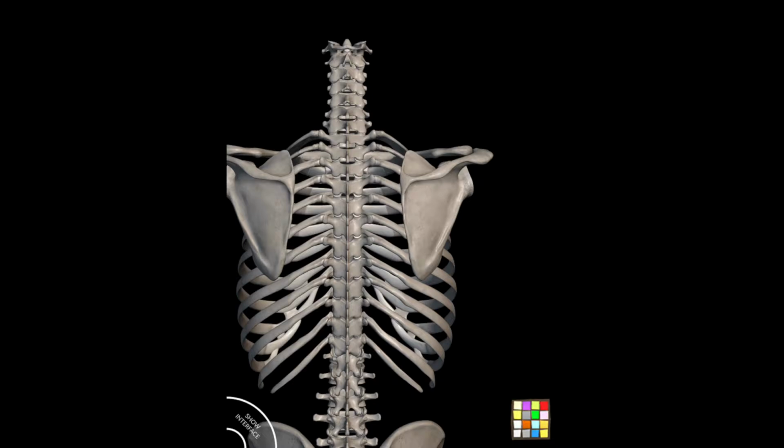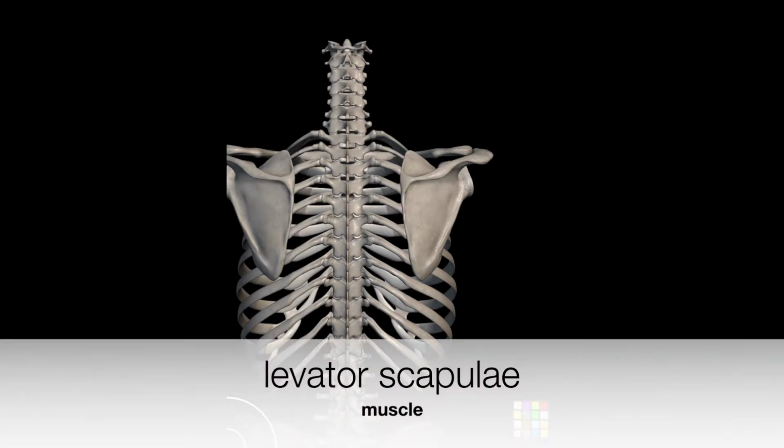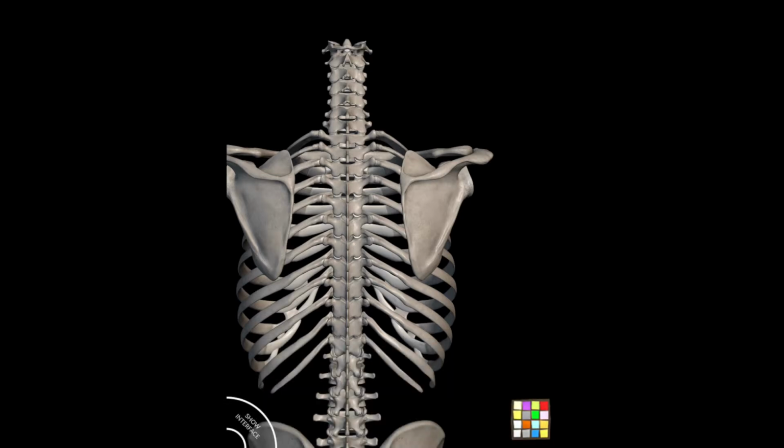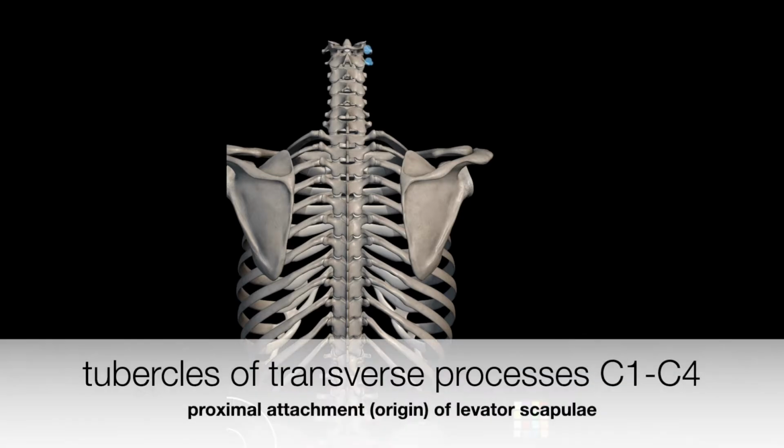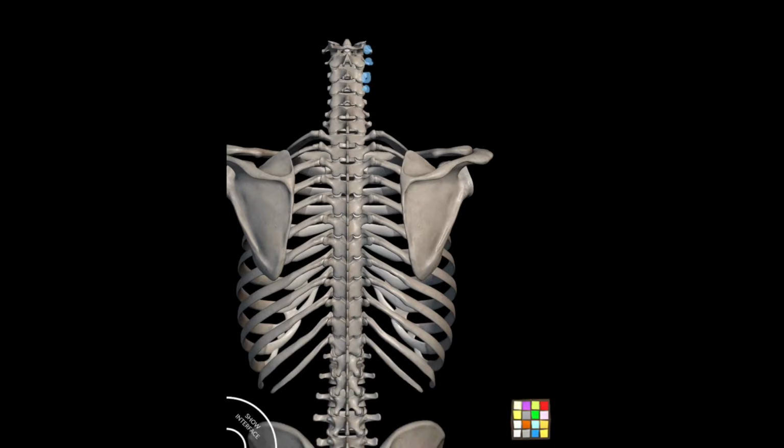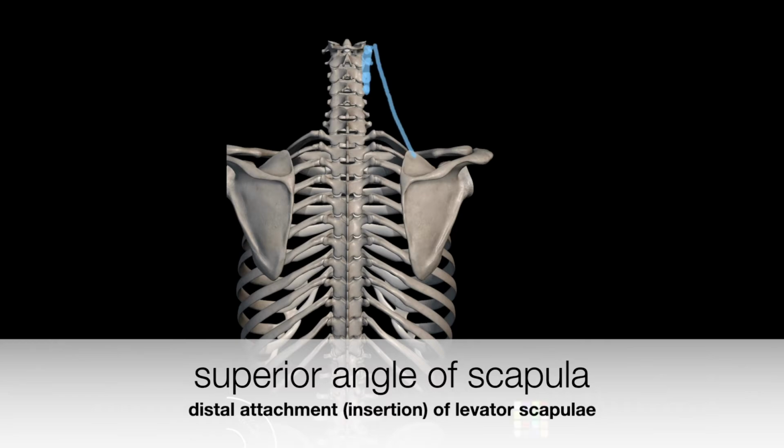So starting with the deep muscles, we'll consider levator scapulae first. It arises from the first 4 transverse processes of the cervical vertebrae and extends down to the superior angle of the scapula.